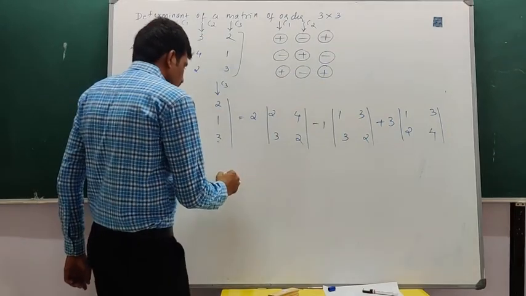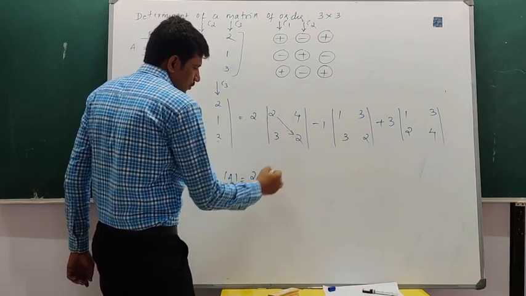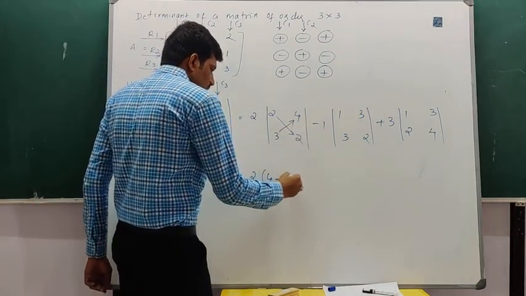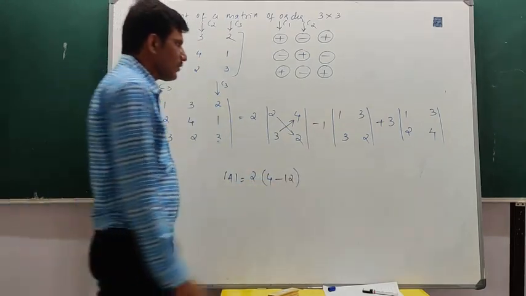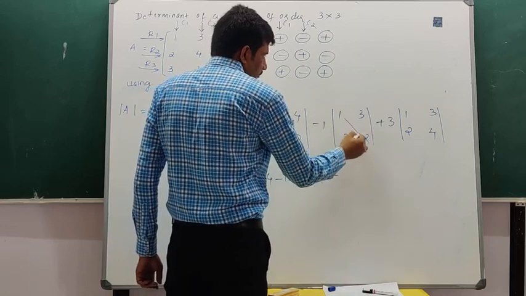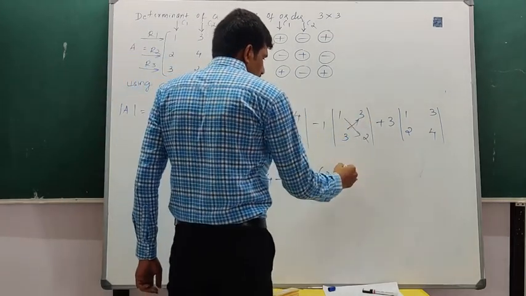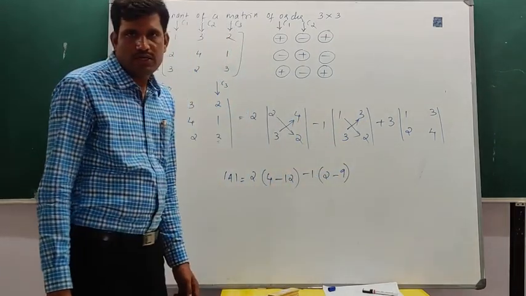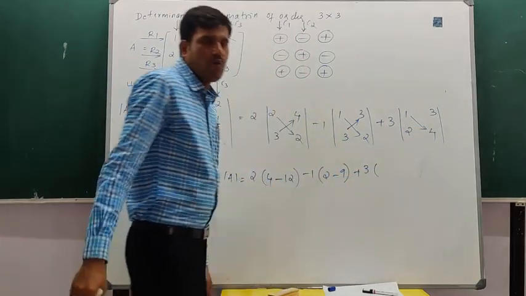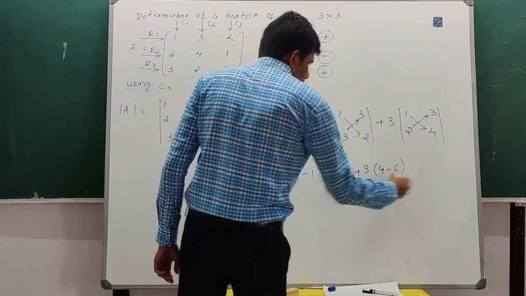Right. So therefore determinant of A is equal to 2 into, first we have to multiply this: 2 into 2 is 4. Minus 3 into 4 is 12. Similarly minus 1 into, 1 into 2 is 2, minus 3 into 3 is 9. Plus 3 into, first we have to multiply this: 1 into 4 is 4, minus 2 into 3 is 6.